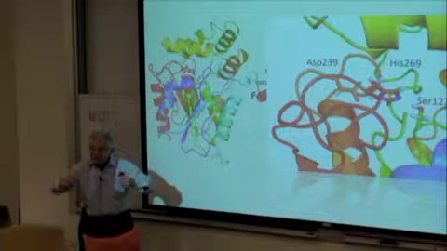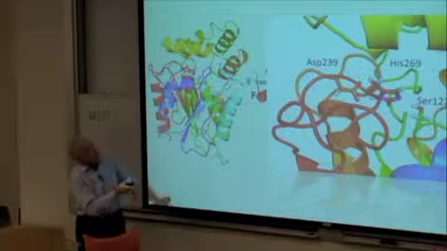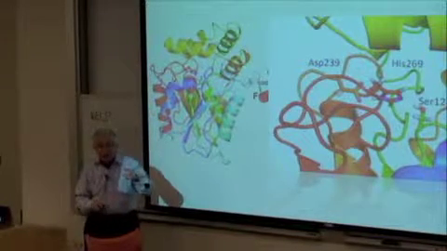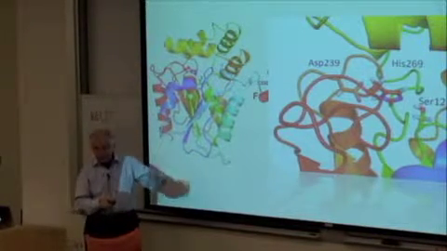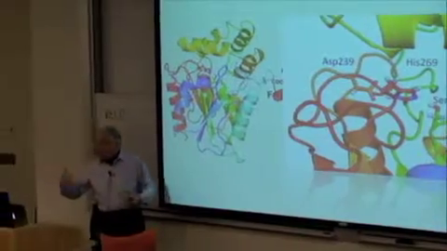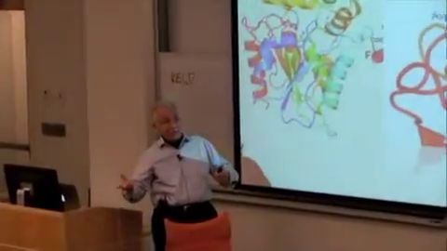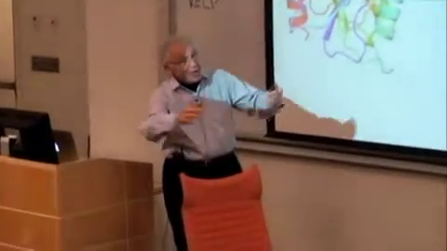We want to prevent it from doing this. So we want to put something that fits in here but doesn't do the job. That's called an enzyme inhibitor. We can do that by using the information we have here. We could use the computer, or we could actually use a piece of paper and design things on there. I'll show you.